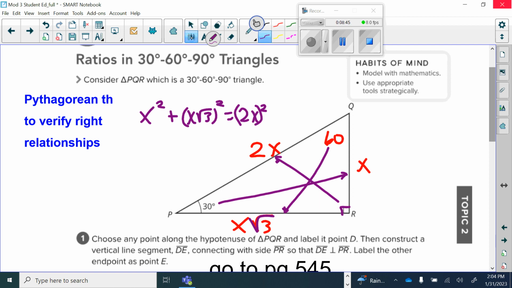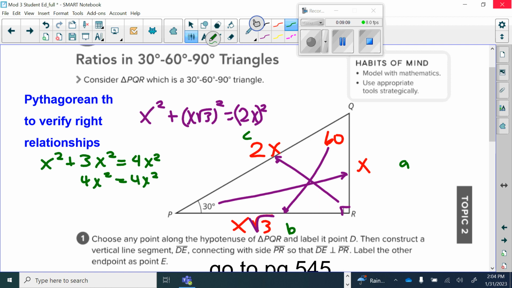Now we get x squared plus, we know root 3 times root 3 is 3, so that's 3x squared. And we know 2 times 2 is 4, and x times x is x squared. Is that true? Yes, 4x squared equals 4x squared.